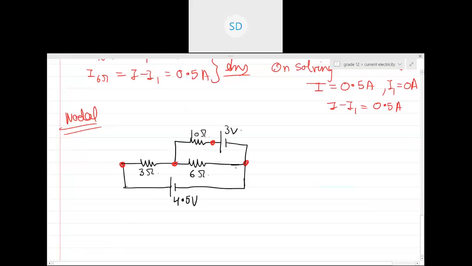Now see, let's name this as 0. This is 0, this is 3, this is 3, and this is 4.5. Can you see only this remains unnamed? Let's say next.